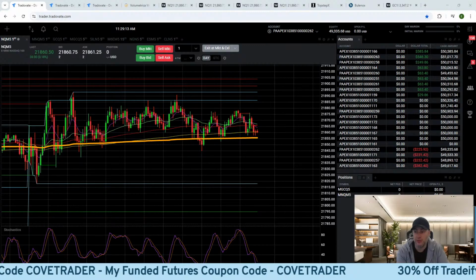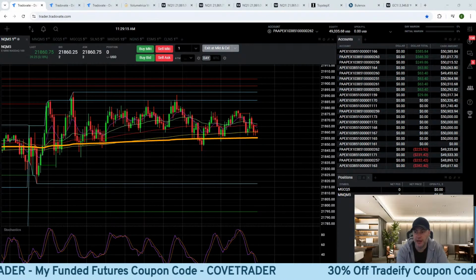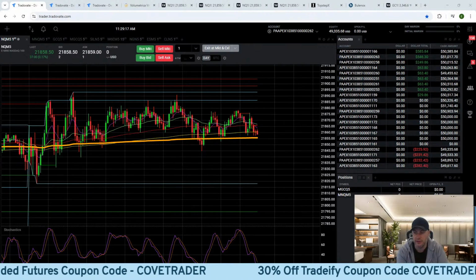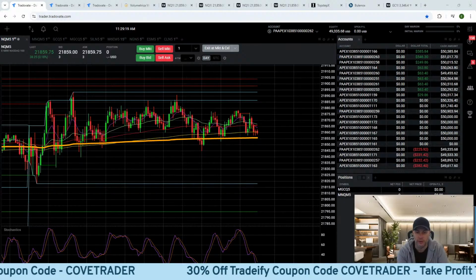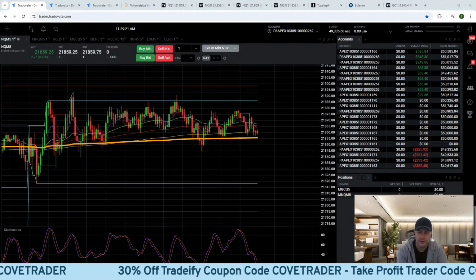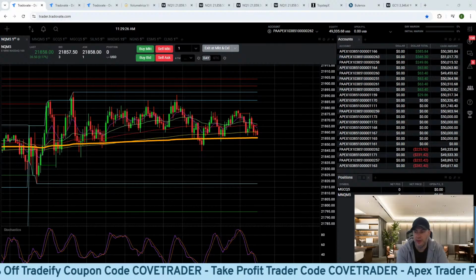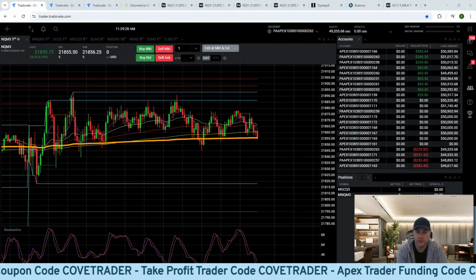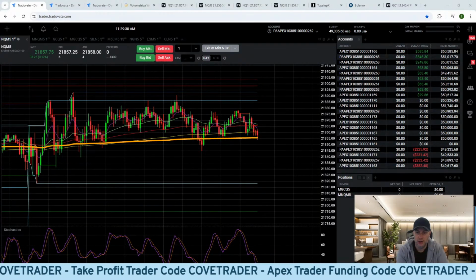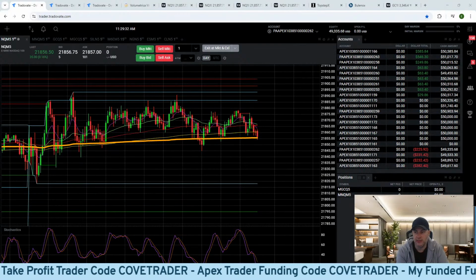My fifth would probably be Topstep. The reason Topstep is fifth is they're expensive. It's $50 for an account and then $150 for activation fee. That'd be my top five, and then I roll into the Bulenox accounts, and things like that.